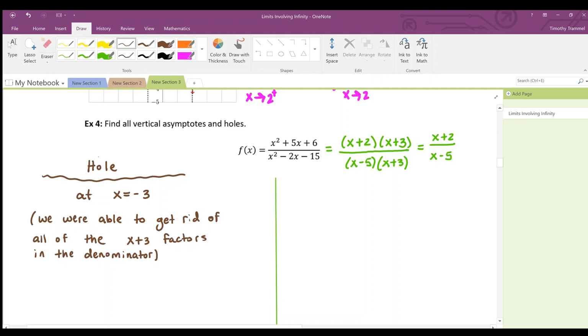There's actually one more thing I want to talk about with this, but I want to move over to the vertical asymptote here now. And so you might already be able to guess the vertical asymptote. This is going to happen at x equals 5.